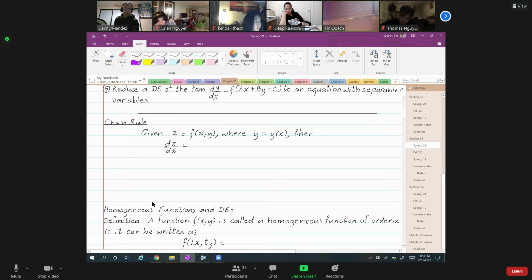If you want to find the derivative of z with respect to x, then by definition in calculus 3, it is the partial derivative of f with respect to x multiplied by that, which is 1, and then plus the partial derivative of f with respect to y, and then multiply by dy dx.